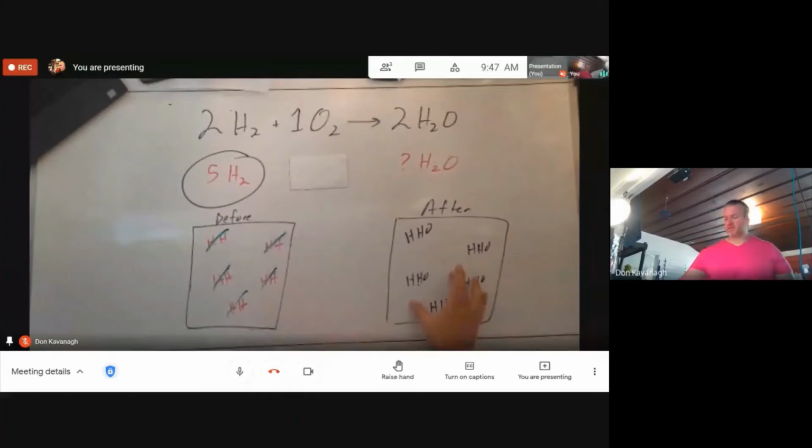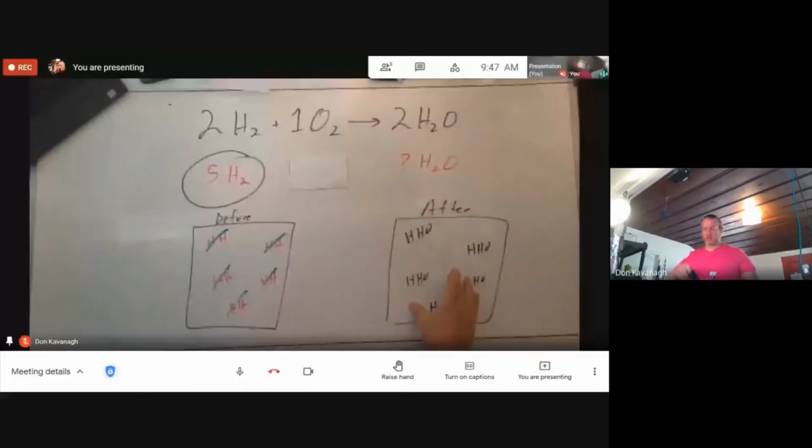Let's consider the other reactant. What if we had 3 O2s? How many waters could be produced?